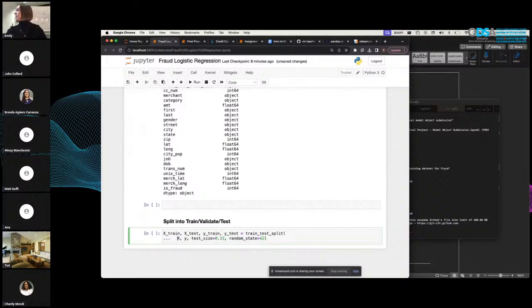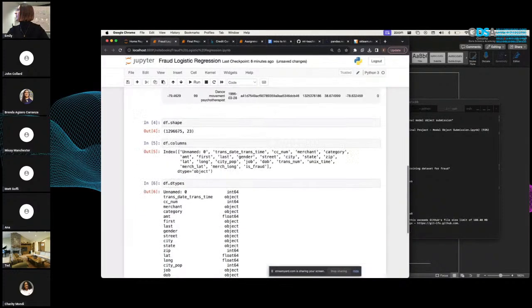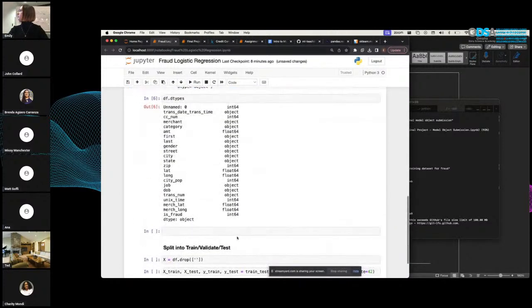So first we need to split into X and Y data sets because this is going to require X and Y. So we'll say that X is equal to df.drop, and I had copied this and then copied something else on my keyboard, is_fraud. So let's drop this.